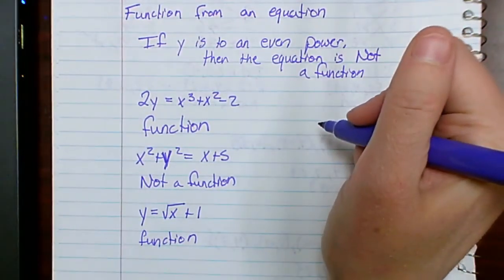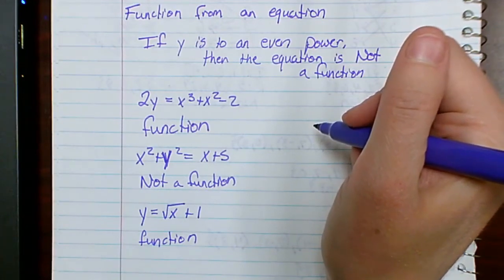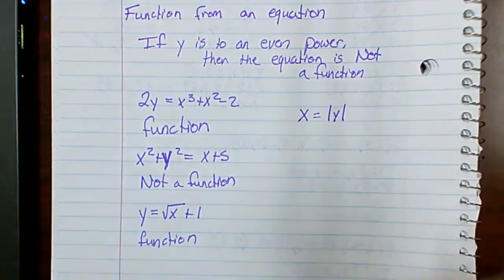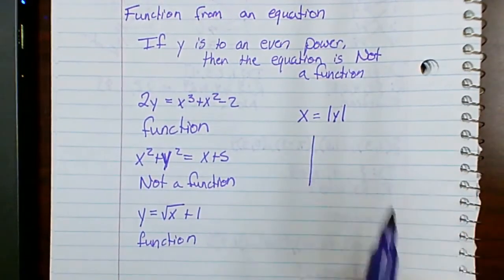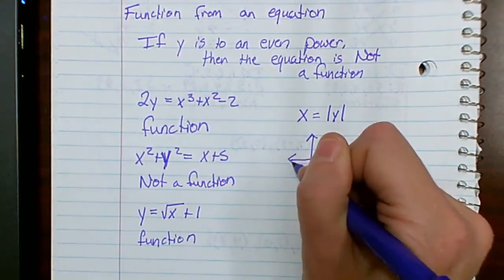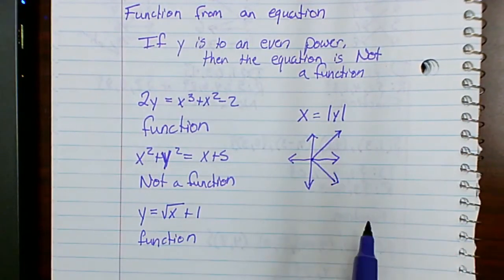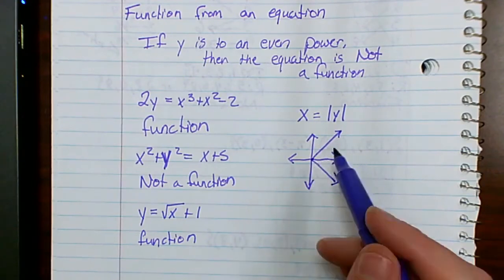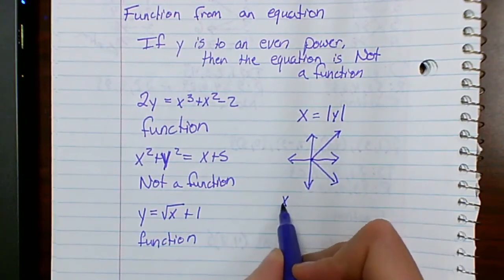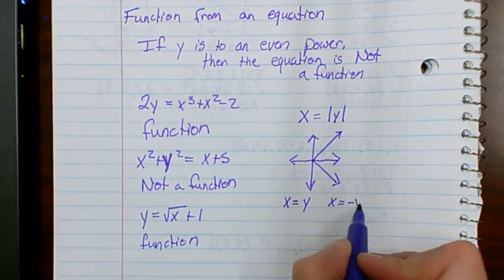One particular thing that I have to point out here is this special one. If I write the graph of it, yes, y is technically not to an even power, but if I write the graph out, the vertical line test does not work, because for every x we have, x can equal a positive y or x can equal a negative y.